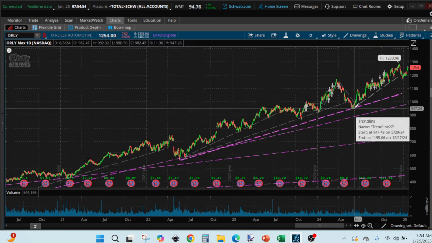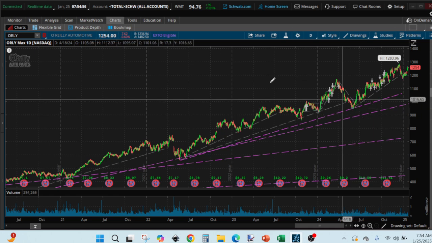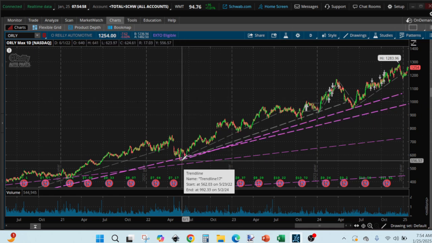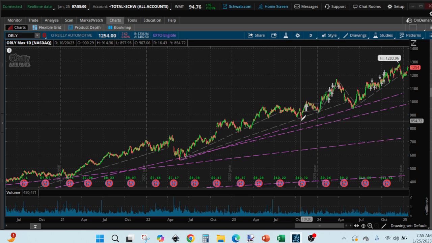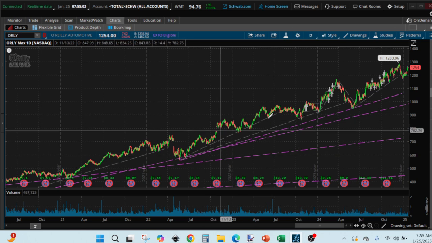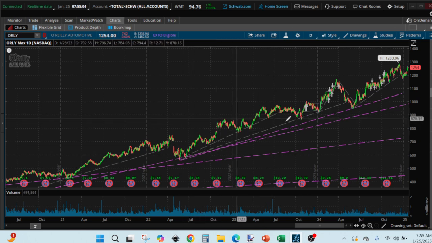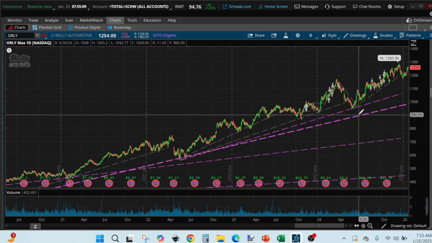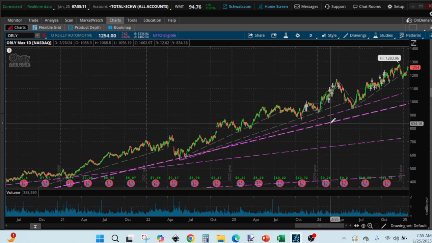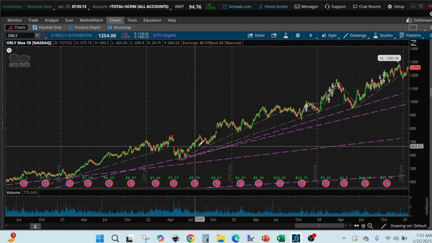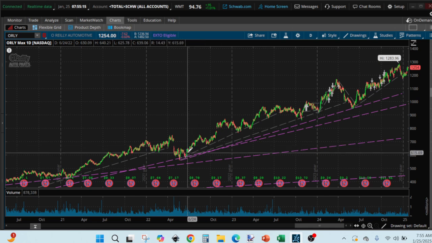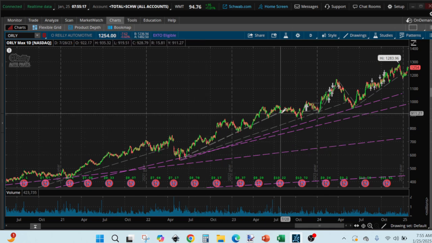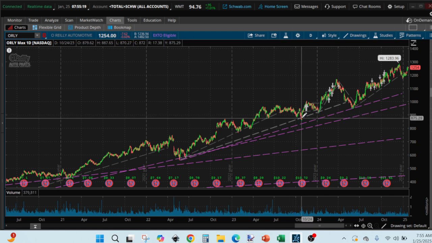It pulled back to this trend line, but the last time it pulled back to it was a while ago. It came a little bit closer this time here. So I will say that it makes a wide mountain before it touches that same trend line, and it creates the upside of the mountain for a while before it pulls back to the trend line.